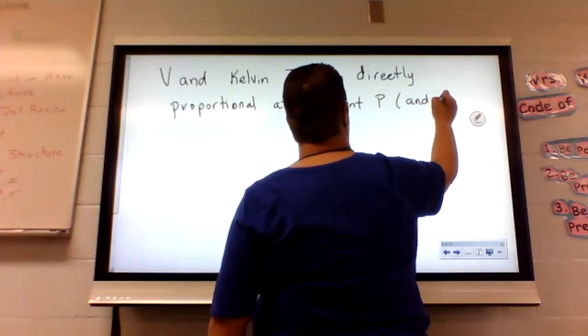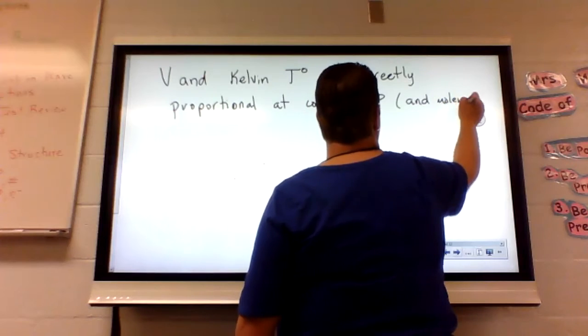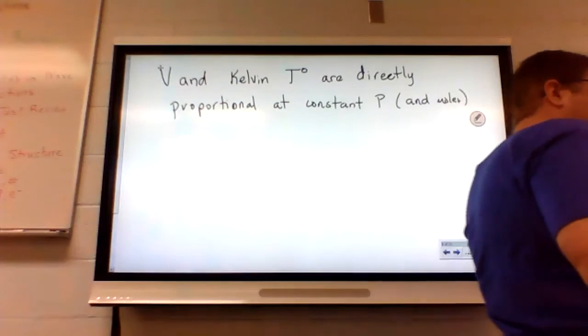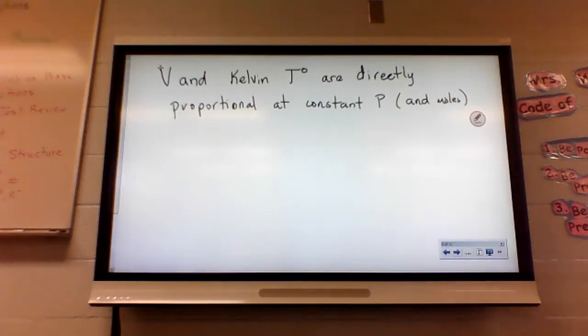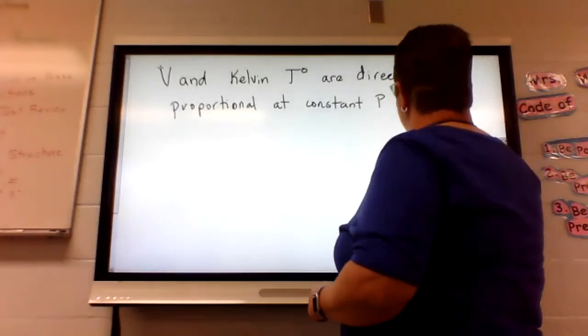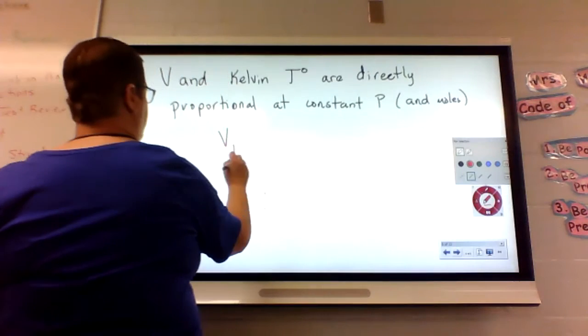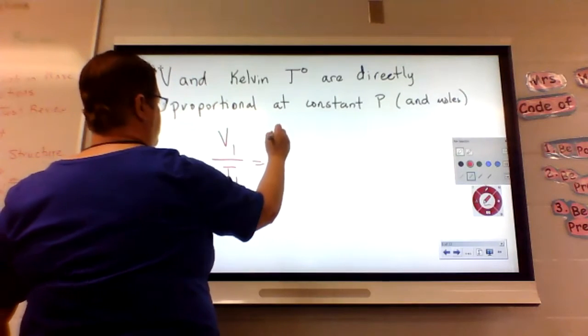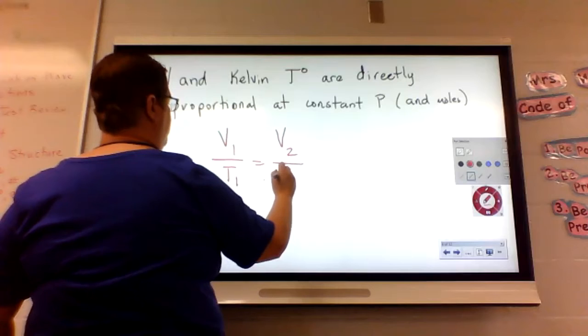And again, I write moles in parentheses because they're not changing either. Now, this time, the formula says V1 over T1 equals V2 over T2.